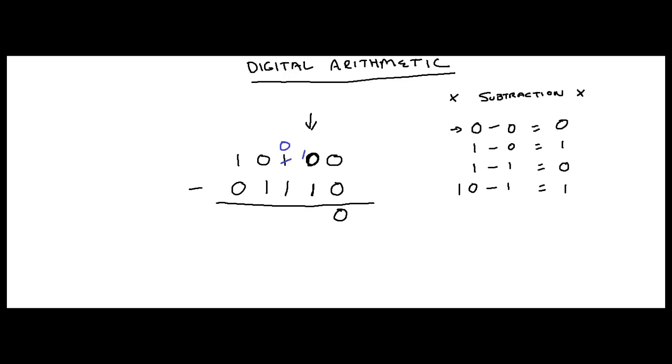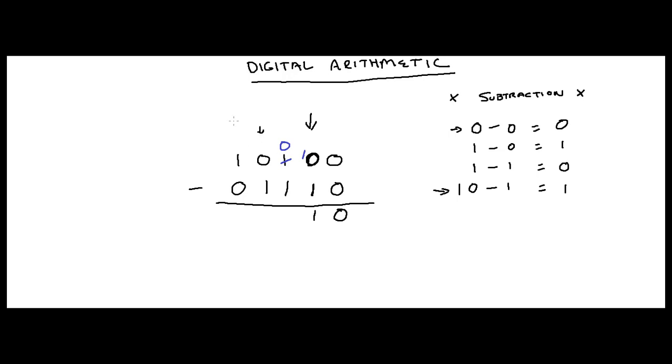Now, I'm going to change colors on you again. We're going back. If we use this rule, this is a 1, 0 minus a 1. That's equal to a 1, isn't it? Got it? Now, what do we have here? A 0 minus a 1, just like before. Can we do that? Obviously not, right? We have to borrow. Can we borrow from this column?